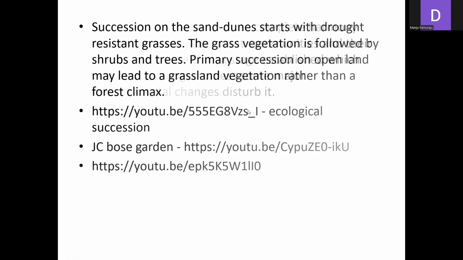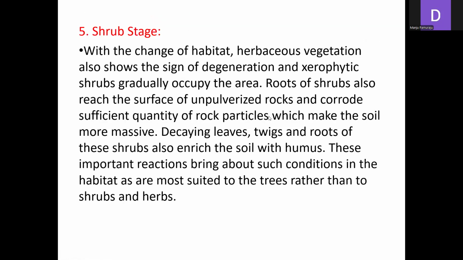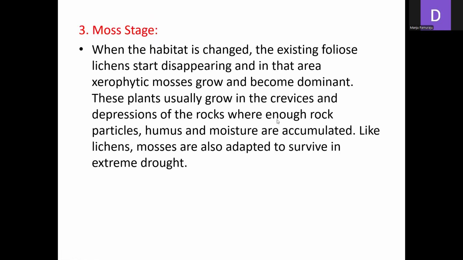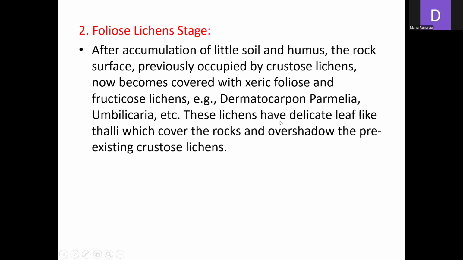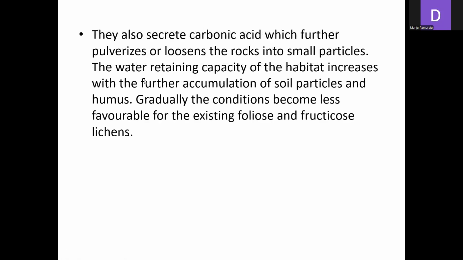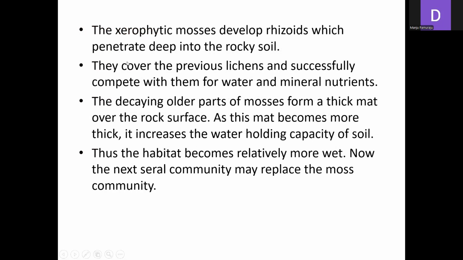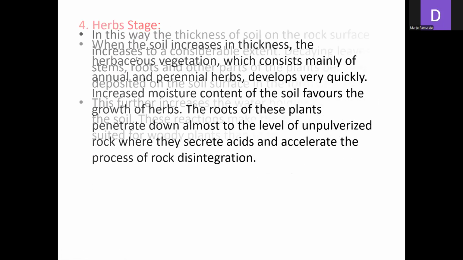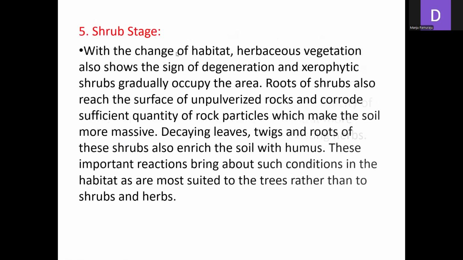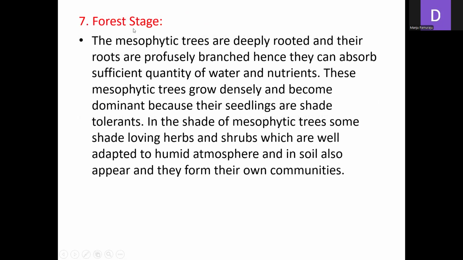Okay, so this is the process of ecological succession and its different types, like ecological succession of Hydrarch and ecological succession of Xerarch. The main stages in ecological succession of Xerarch are: first the crustose lichen stage, second the foliose lichen stage, third the moss stage, fourth the herbs stage, fifth the shrub stage, sixth the xerophytic tree stage, and the final climax community is the forest.